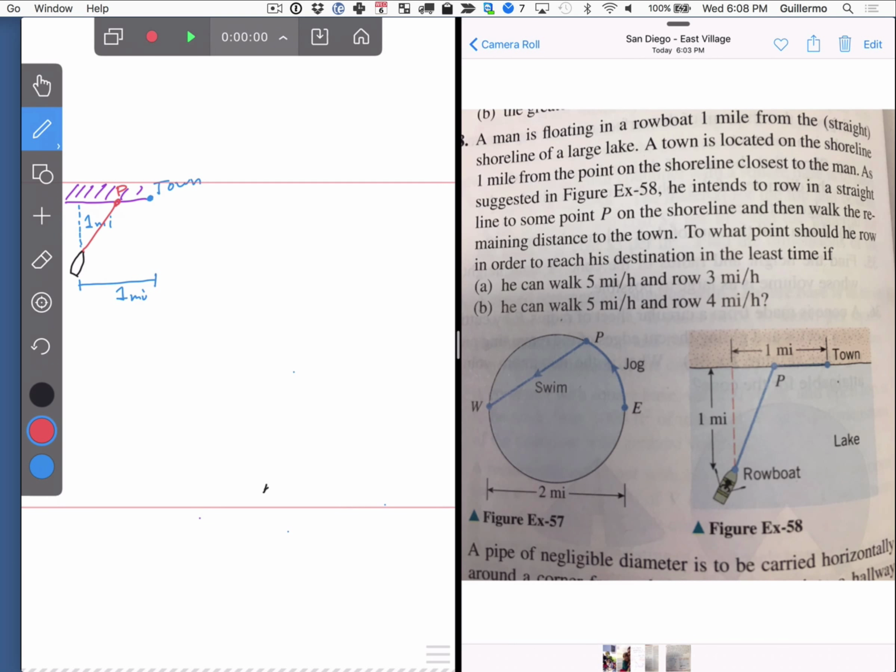Okay, so there's 2 parts. So, to what point should he row in order to reach his destination in the least time if he can walk 5 miles an hour and row 3 miles an hour? And if he can walk 5 miles an hour and row 4 miles an hour.